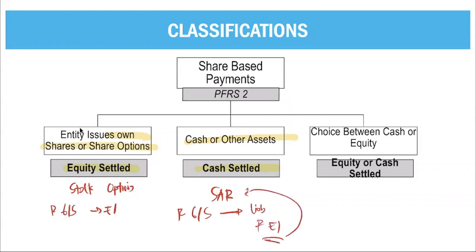That's why it's called share appreciation rights. It is based on the appreciation or depreciation, or the changes in the value of your equity instruments. While in stock options, it is whatever the value of your stock options is. Now, if there is a choice between cash or equity settled, what we do here is to determine whether we will settle it through equity or through cash.